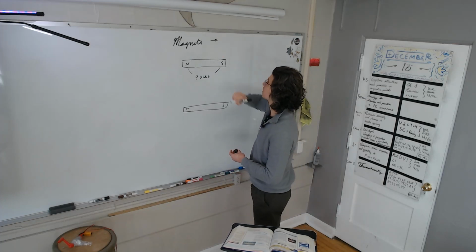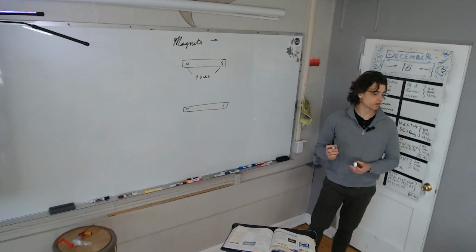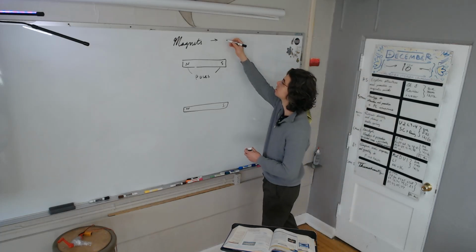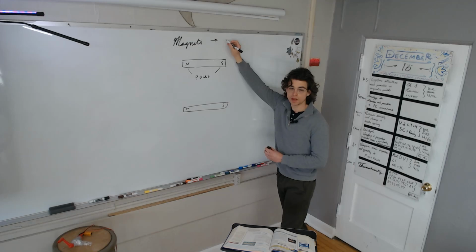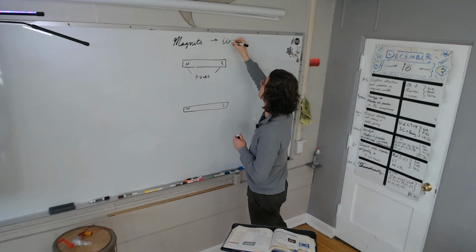What force are we talking about broadly? What fundamental force of the universe are we talking about when we talk about magnets? Almost. That's part of it. No, not gravity. I mean, although gravity does affect this. No, there's a name for the whole force. It's not just magnetism, electromagnetism.